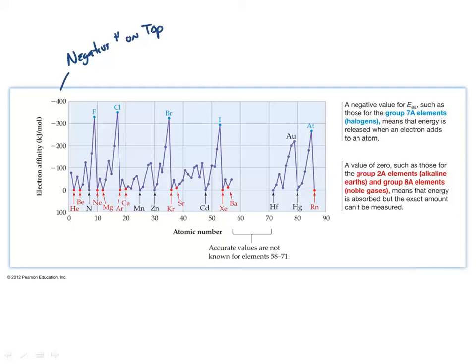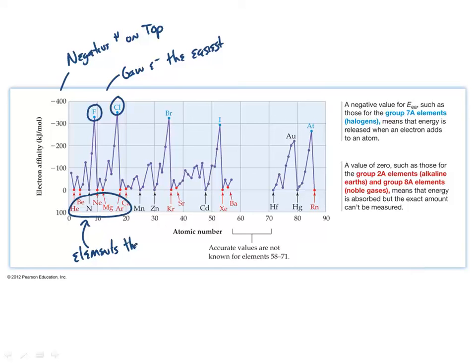Here, the way they do that is because these elements gain electrons the easiest. And of course, down here, these are all elements that won't gain an electron.